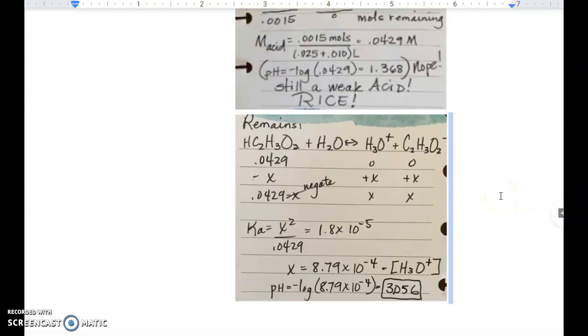This time our equation changed to the water dissociation of the acid, HC2H3O2 plus H2O, and so there it is. We're going to calculate using our Ka value of 1.8 times 10 to the negative 5. And so we end up with the X value of 8.79 times 10 to the negative 4. That's our hydrogen ion concentration. And now we can use that to solve for our pH.